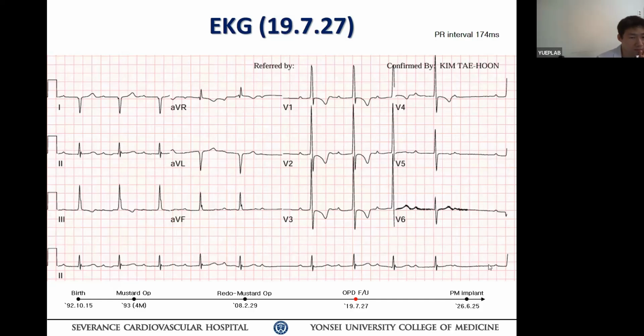A quicker way of identifying it is that after the first pause, when you compare that PR interval to the PR interval before the block, the one before the block is longer than the one after the block.